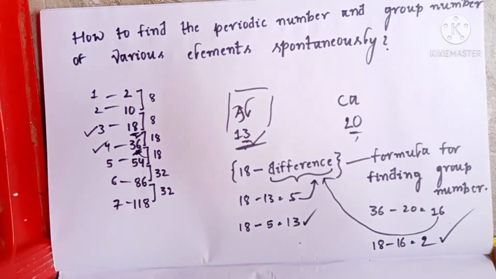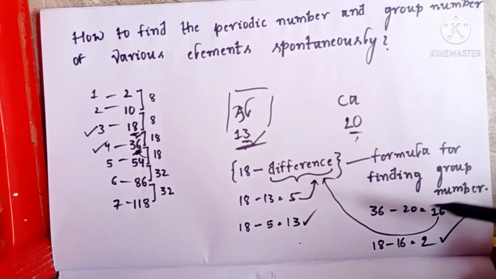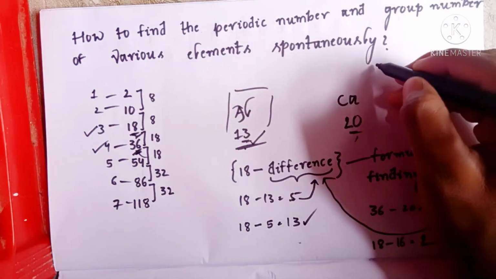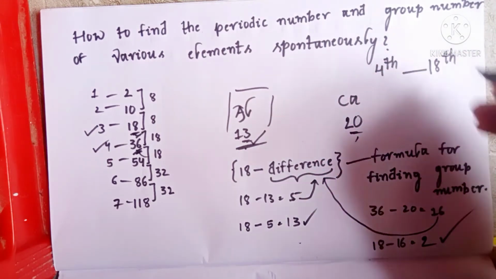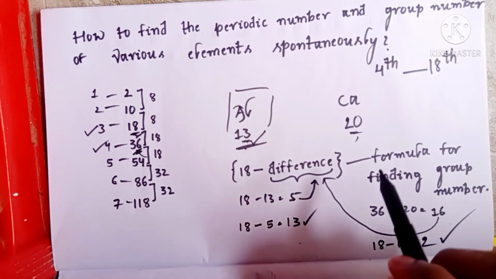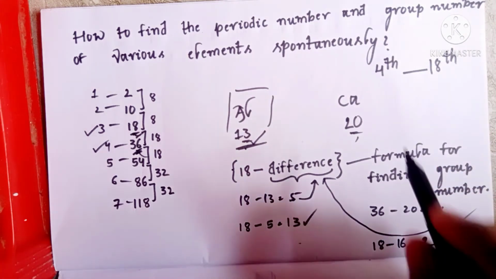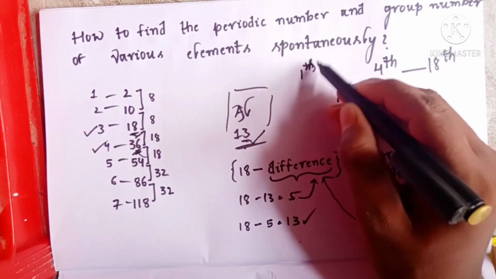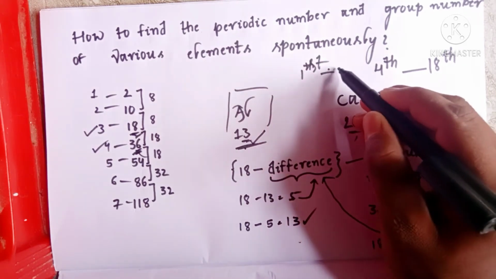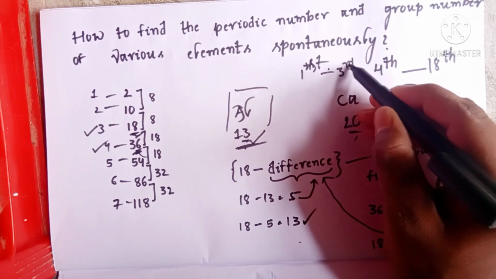Friends, note this point: this trick is applicable for elements between the fourth group and the 18th group. So there is another trick to find the group number of elements which are between the first group and the third group.